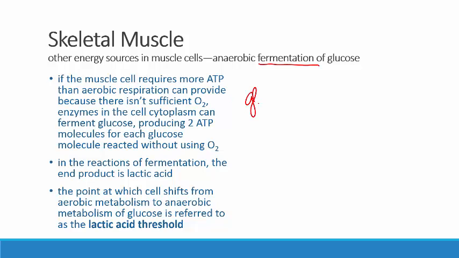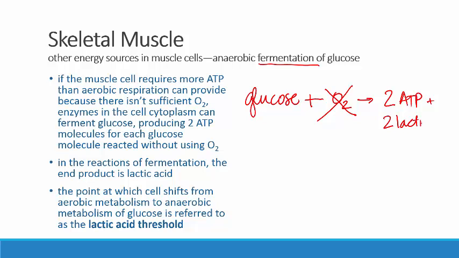Every glucose molecule that is anaerobically processed, so I'm going to show there's no oxygen available, we can produce 2 ATP molecules. That's a far cry from 36 or 38 ATPs. But again, desperate times call for desperate measures. So we make 2 ATPs, and then we also make 2 lactic acid molecules.